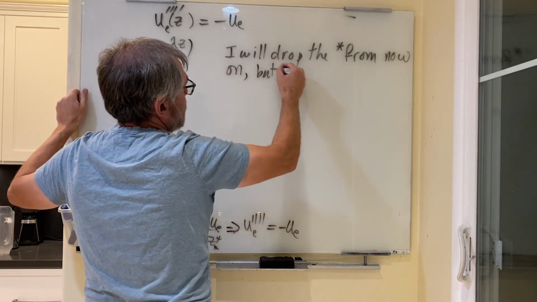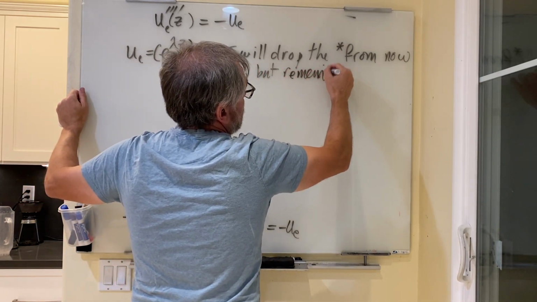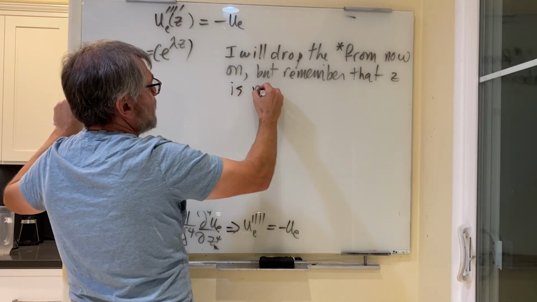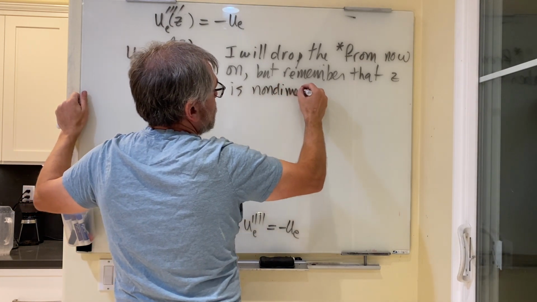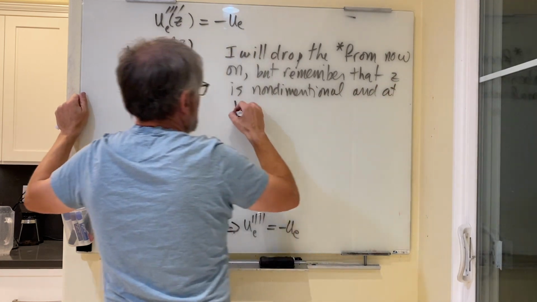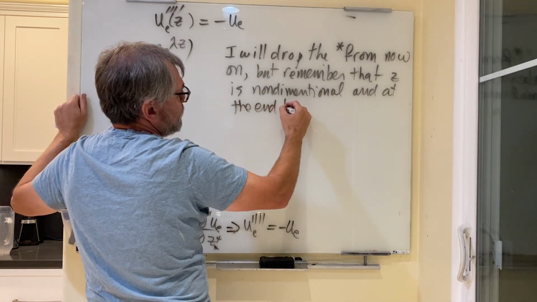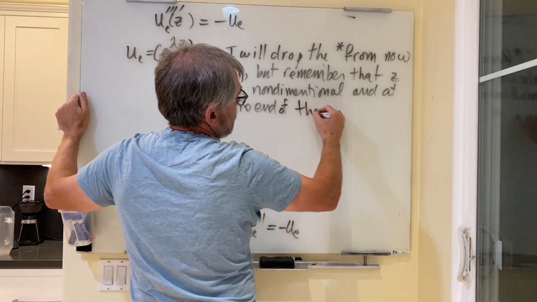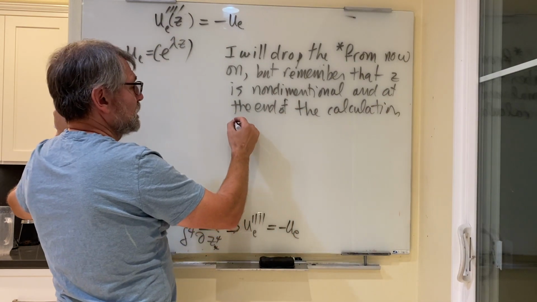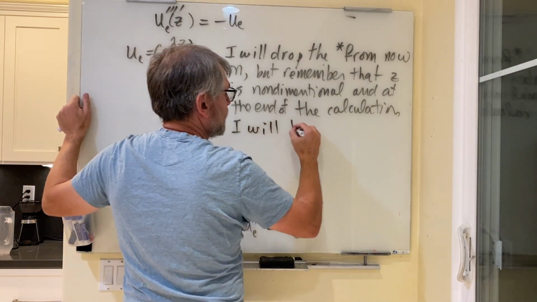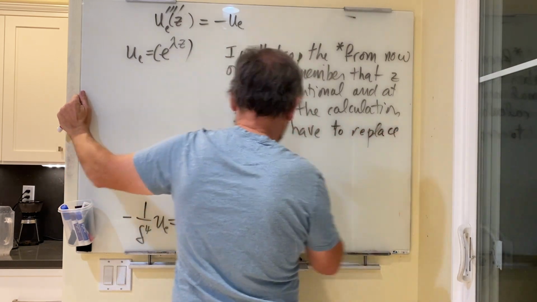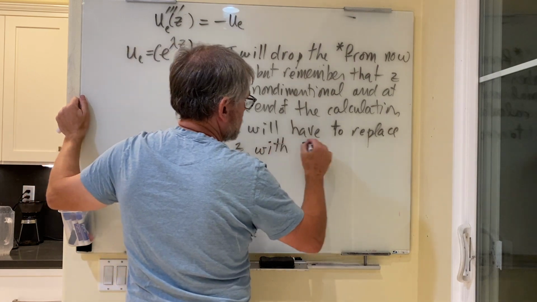But remember that z is non-dimensional. And at the end of the calculation, I'm going to have to go back and replace z with z over delta.